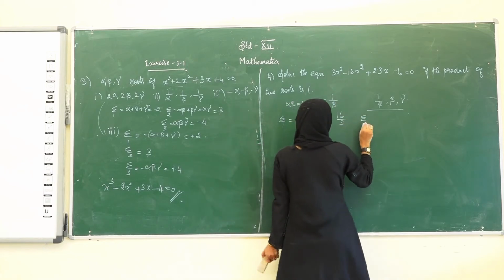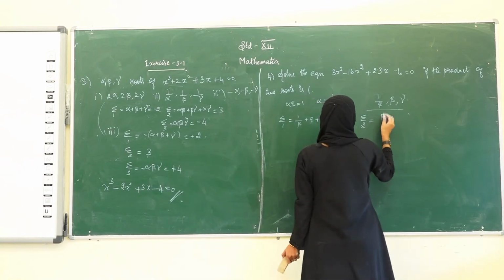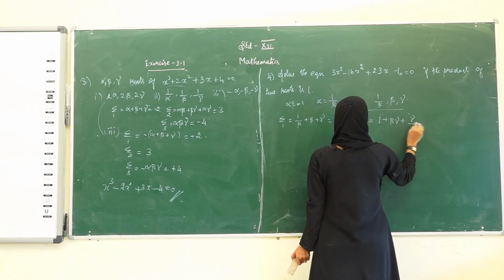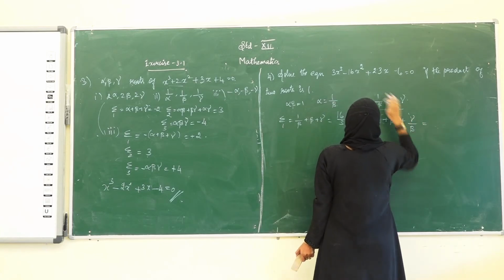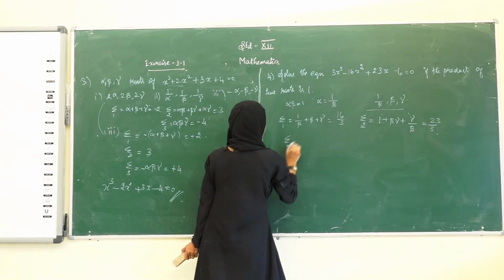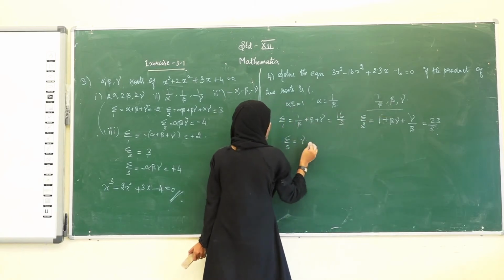And then summation 2, what we get is 1 by beta times beta, that is 1, plus beta gamma plus gamma divided by beta. The answer is 23 divided by 3. And then summation 3, multiplication of these 3, this one gets cancelled, therefore gamma alone.